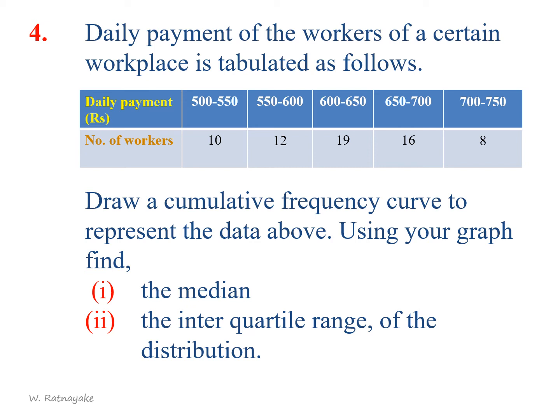We have to draw a cumulative frequency curve to represent the data above, and using the graph you have to find the median and the interquartile range of the distribution.